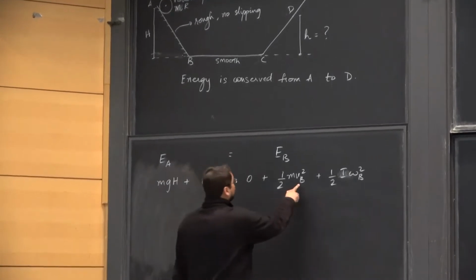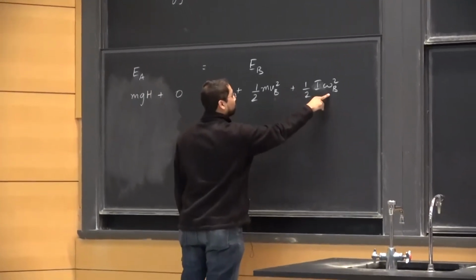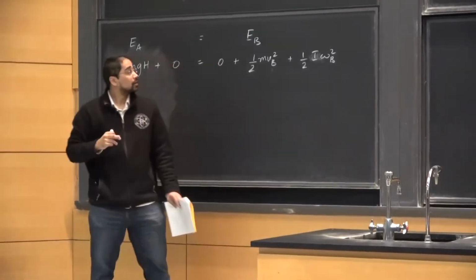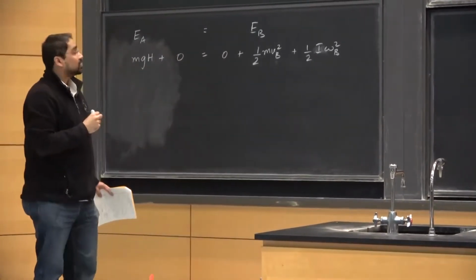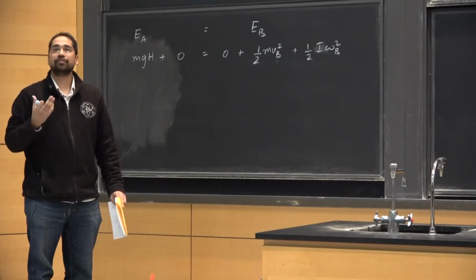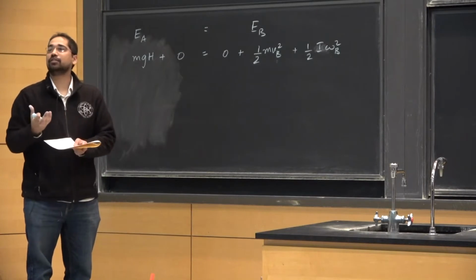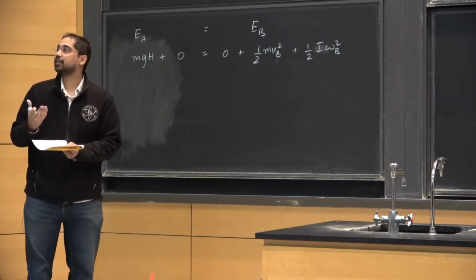I don't know how fast it's moving at B. I don't know how fast it's spinning at B. But can I say something about them that relates them? If I have the condition that the sphere does not slide anywhere on this track, what can I say?